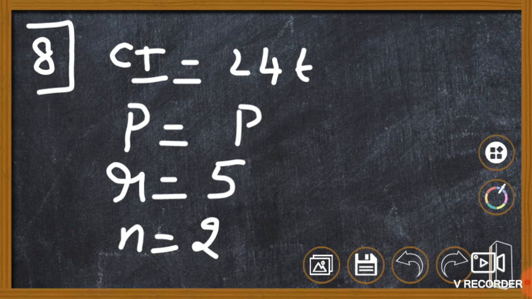So, this problem should be solved in 2 steps. In the first step, consider the compound interest as 246, rate of interest as 5%, N as 2 years and find out the principal amount P. In the second step, the same P we have calculated for compound interest, use that principal amount to calculate the simple interest for 3 years at 6% per annum.